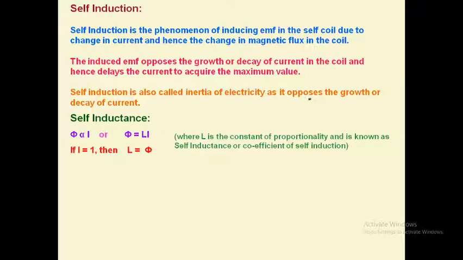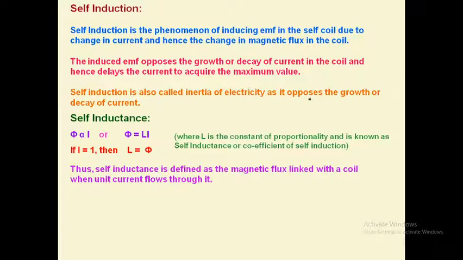Phi is proportional to I, where I is the current and phi is the flux, and phi equals L i, where L is called self-inductance or coefficient of self-induction. So you can also define it by taking current as 1 ampere, then your self-inductance L will be equal to simply the flux.